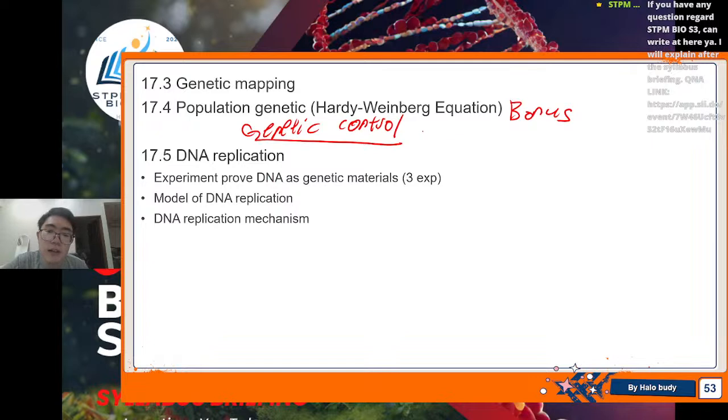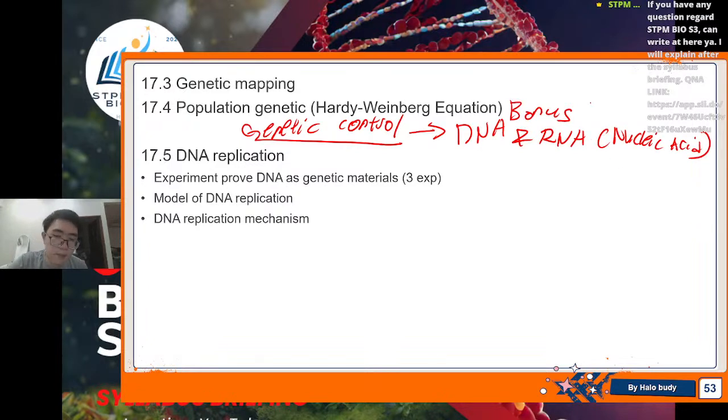First you have to know that it involves DNA and also RNA. It is nucleic acid. I think we already learned nucleic acid in Sem 1, one type of biological molecule. Nucleic acid has DNA and RNA, right? And you also know the functions of DNA and RNA. DNA carries genetic information.